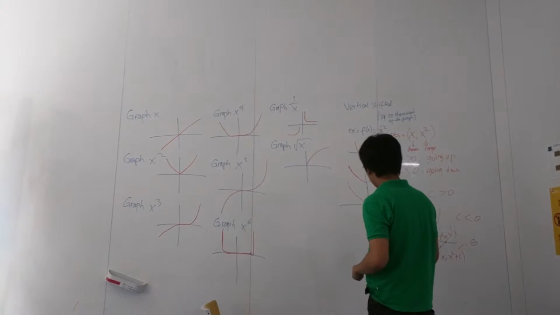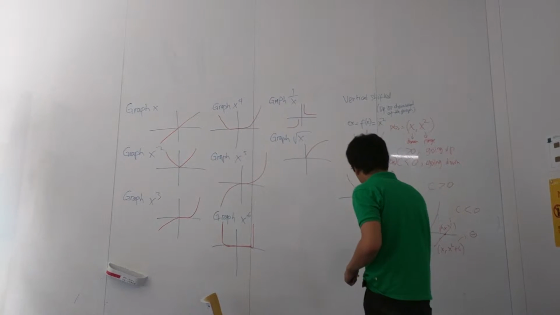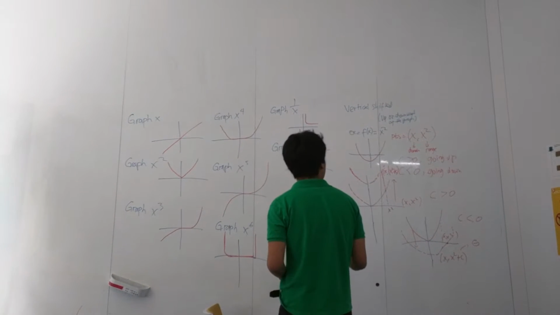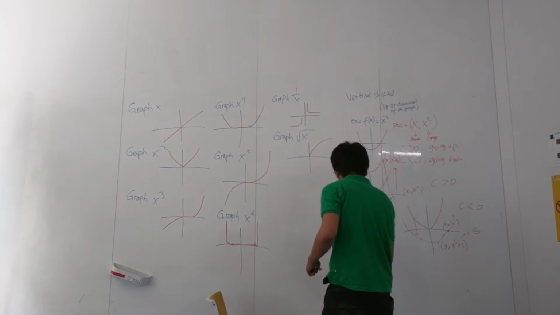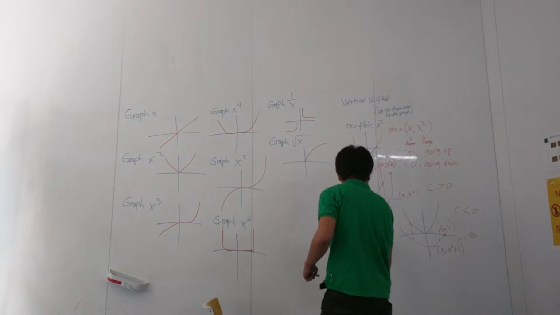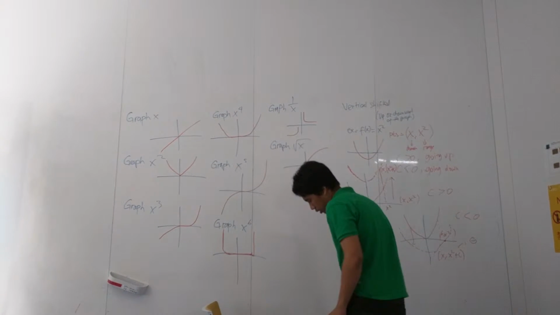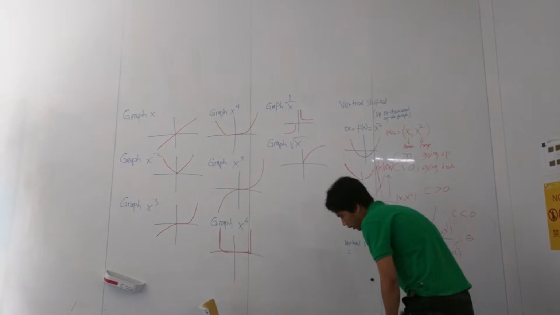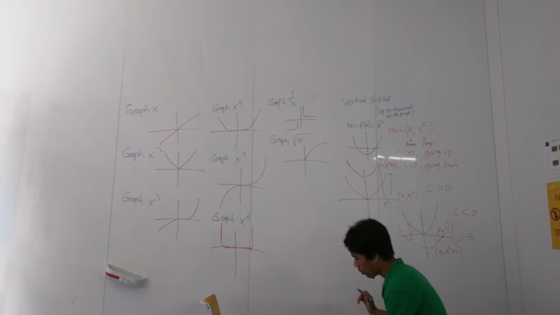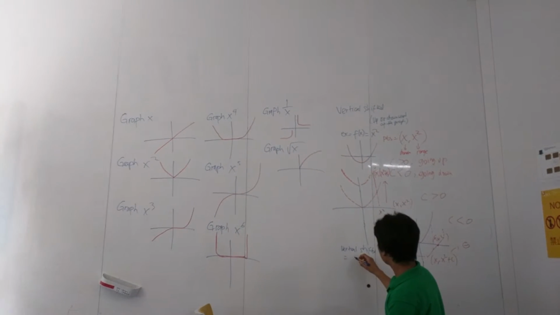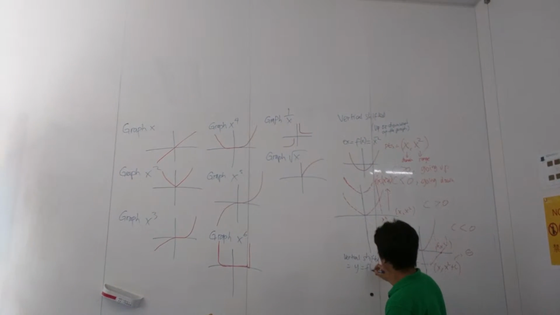So in vertical shifts, we can give the conclusion that in order to find the new equation, we can use this.